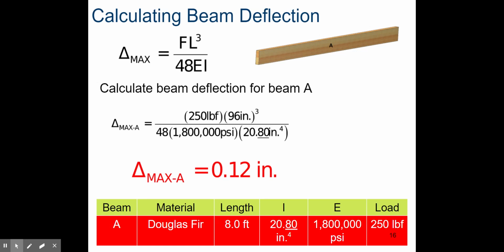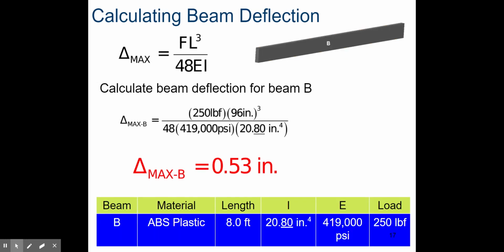Now, all those numbers are exactly the same other than E for the ABS plastic. So again, it's 250 times 96 cubed divided by 48, but in this case, the E is 419,000, so a much smaller number, times 20.8 inches to the fourth. So we're dividing by a smaller number, which is going to end up with a much larger deflection.